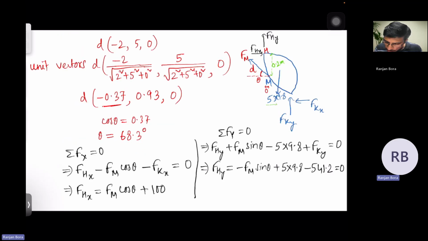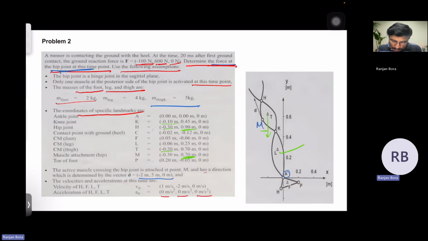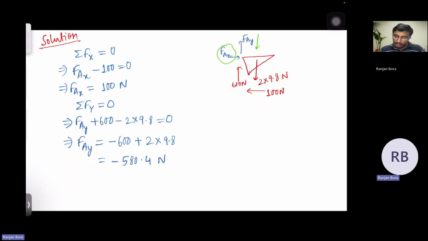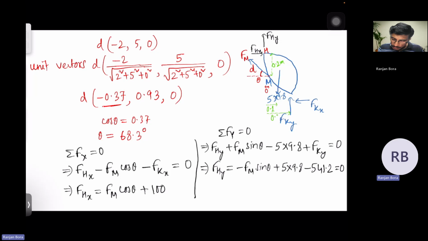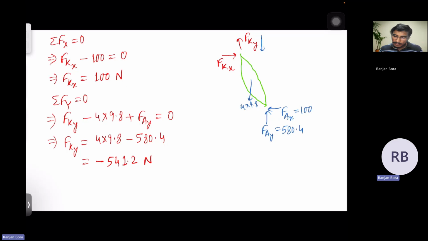For the Fk force, the coordinate of K is given, minus 0.1, so the arm for Fky will be 0.2, and the vertical one is 0.45.